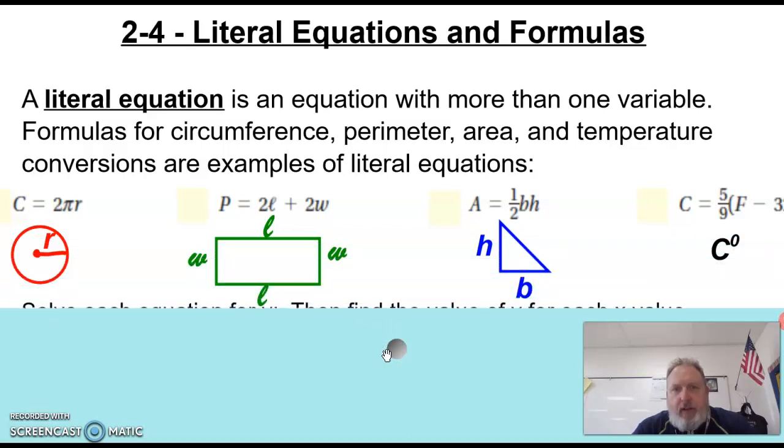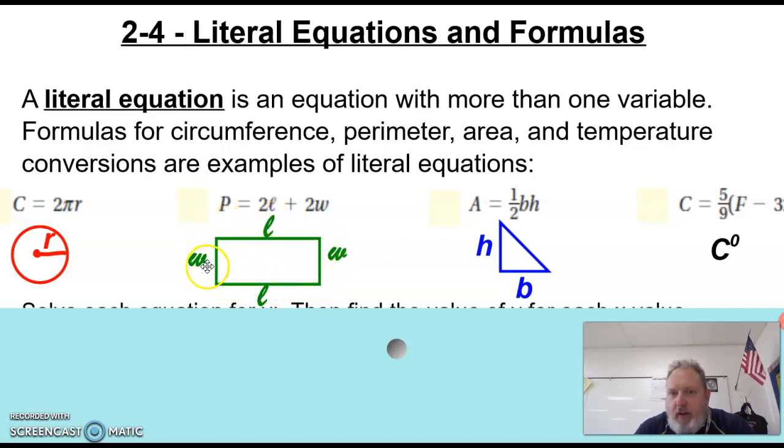So you can see the first one is circumference, which is 2 pi times the radius. So that's how we find the distance around a circle. The second one is perimeter, and perimeter is 2 times the length plus 2 times the width. And in this case, we're talking about a rectangular or square shape.